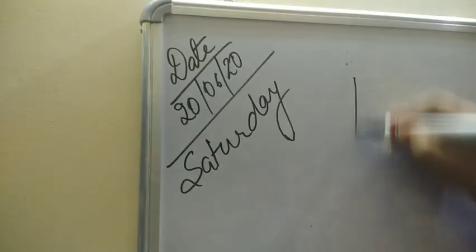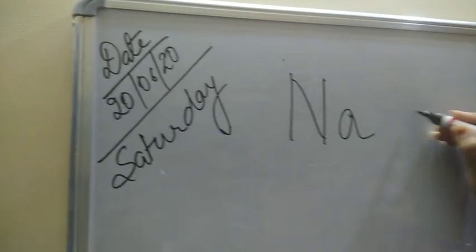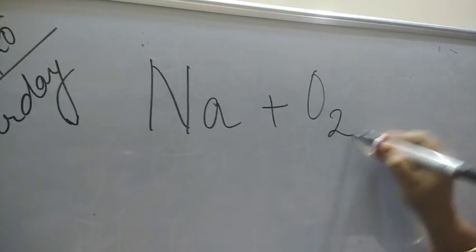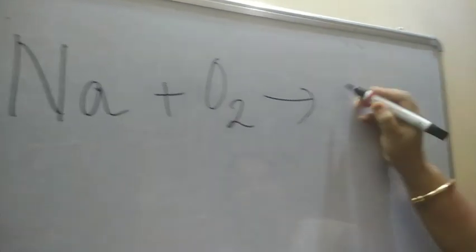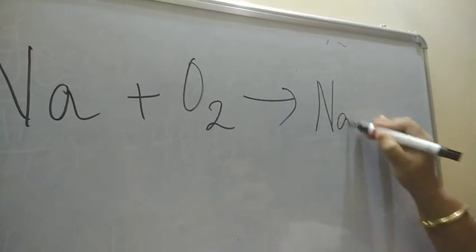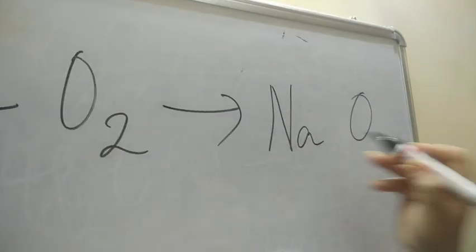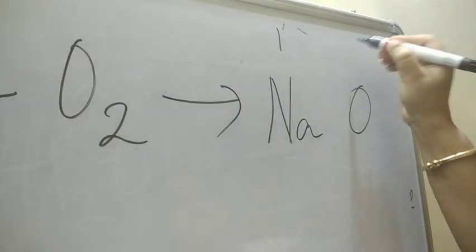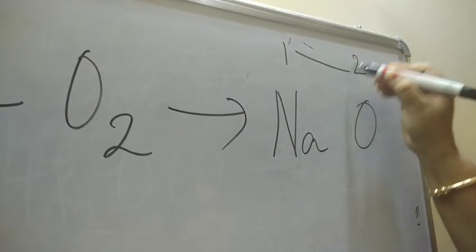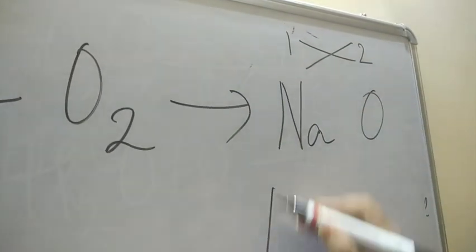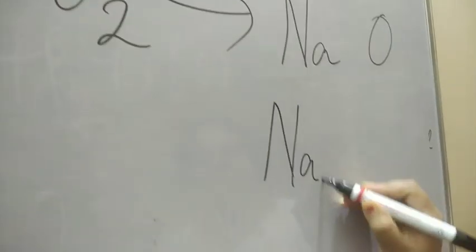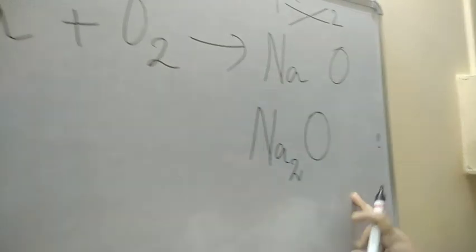The next one I gave is sodium. Sodium plus oxygen will form, I told you the general formula, sodium oxide. We'll write sodium oxide. Sodium valency 1, oxygen valency 2. You will cross multiply. It will come Na2O. That is sodium oxide.